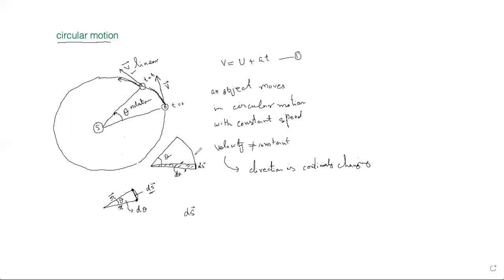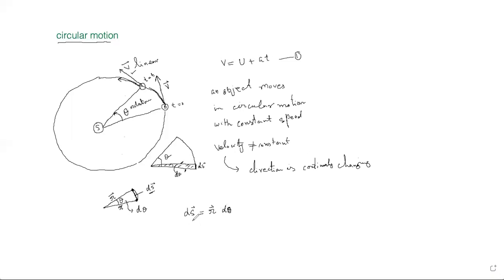Then ds is equal to r, the radial vector, times d theta, which is the angle.